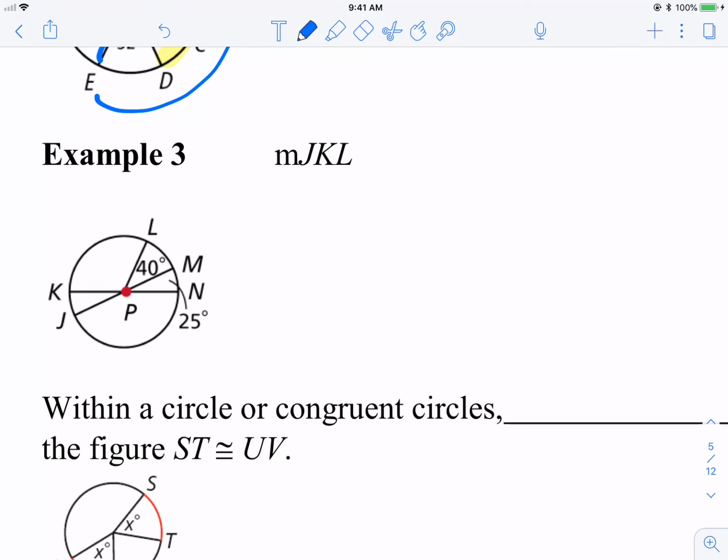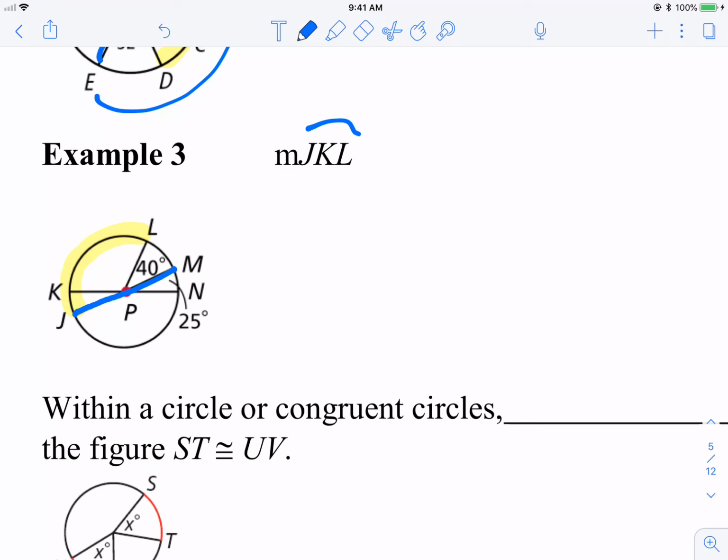We can take a similar approach for example 3, where we're asked to find the measure of arc JKL. So again, down here, we are interested in this arc right there. And again, it's helpful to identify a diameter. You can probably see where we're going with this. The diameter JM splits that circle into equal parts.